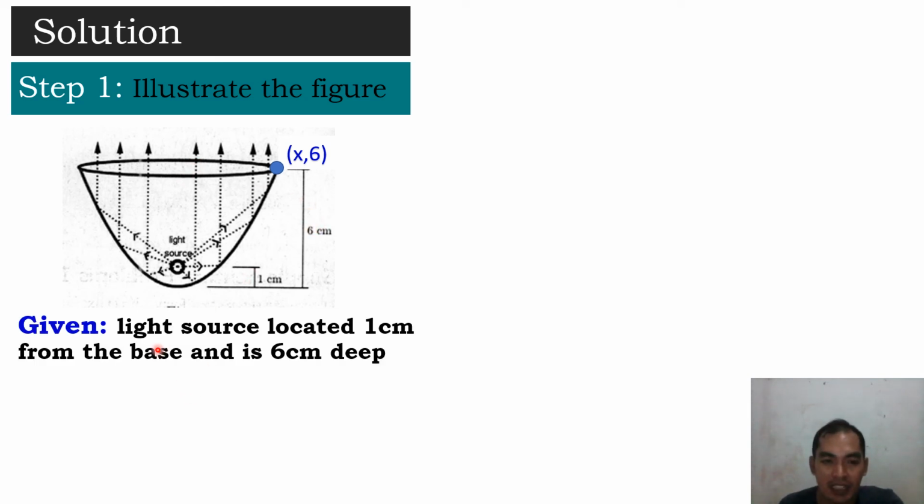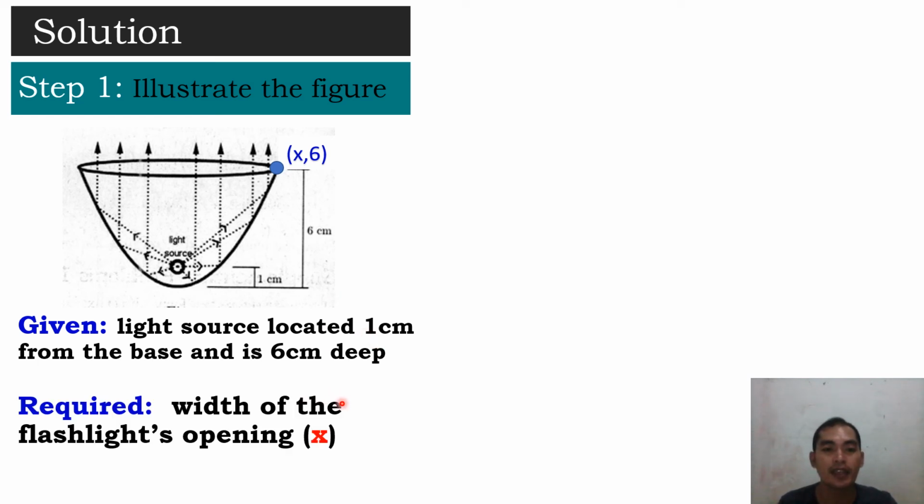Now, take note, our given is light source located at 1 cm from the base and it is 6 cm deep. And the requirement is the width of the flashlight opening. So, yung opening ng flashlight, gaano daw siya ang width niya.